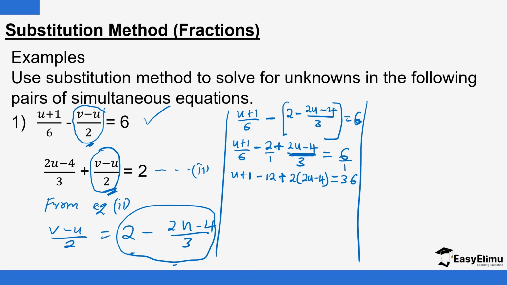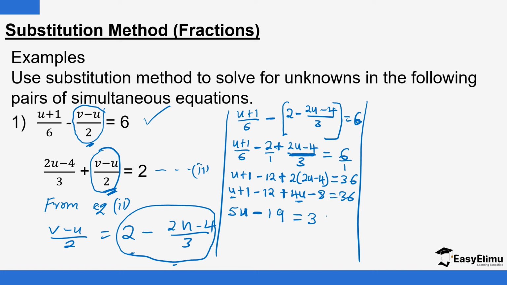So you open up this bracket here. I have u plus 1 minus 12 plus, now 2 multiplies 2u, we get 4u, and 2 multiplies 4, we get 8. This is equal to 36. So now I have u and 4u to give me 5u. 1 minus 12 is minus 11, minus 11 minus 8 is minus 19.